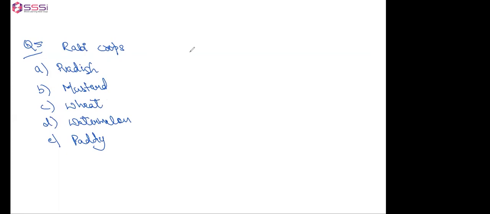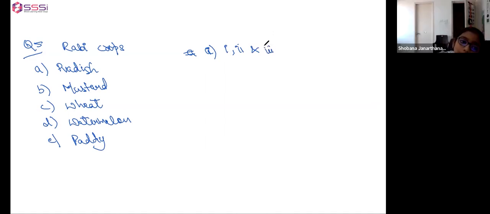So the options which you have to select are first, second and third, sorry. Ma'am, what actually are rabi crops?